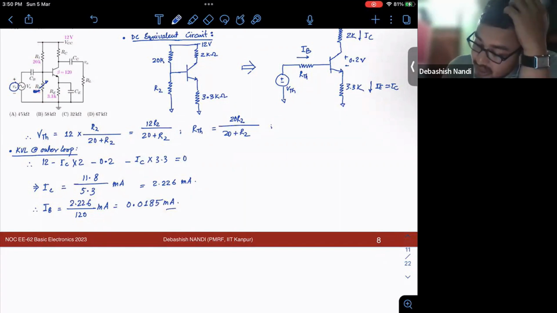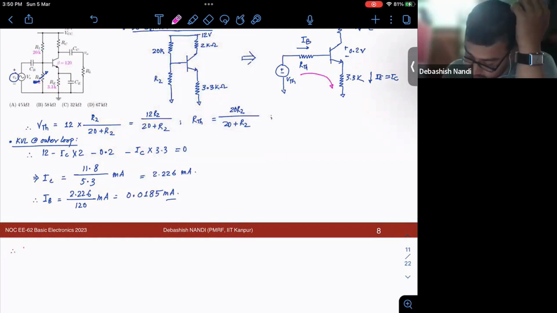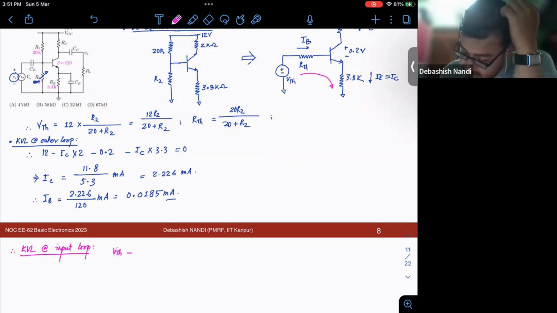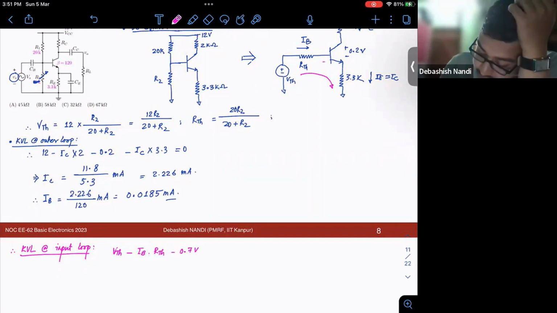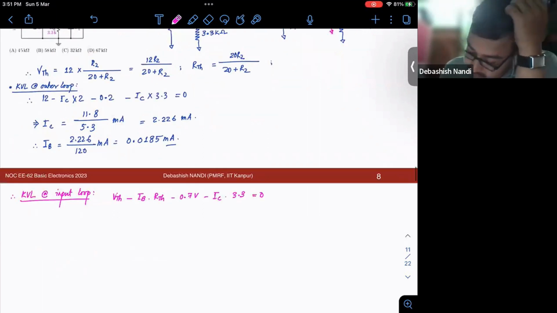Now I need to find out R2, right? So now if I apply KVL at this loop, we see that VTH minus IB into RTH minus 0.7 volt minus IC into 3.3 is equal to 0.